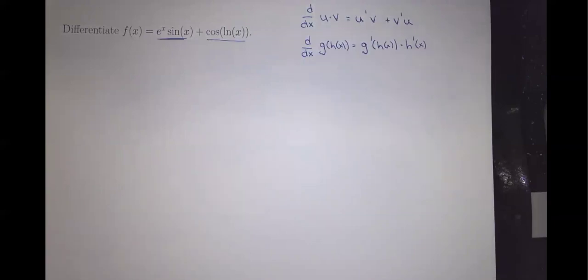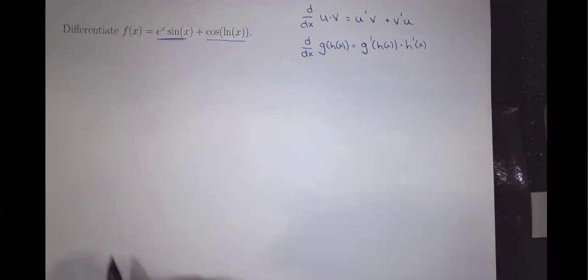Okay, and I realize that I've mixed my notations here from the dy dx notation to the prime notation, but I just think that it's an easier way to understand what's going on.